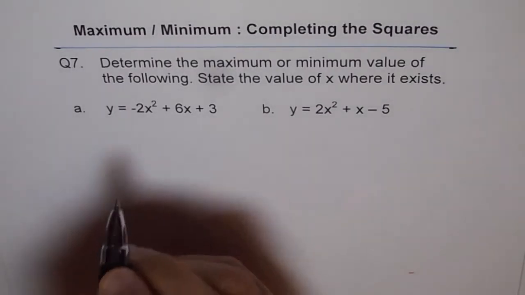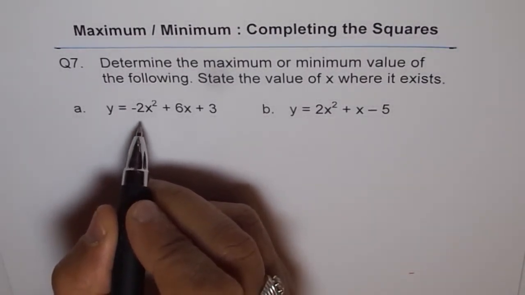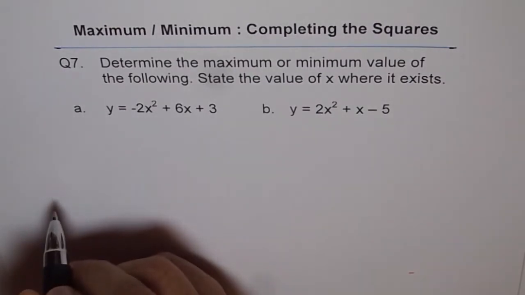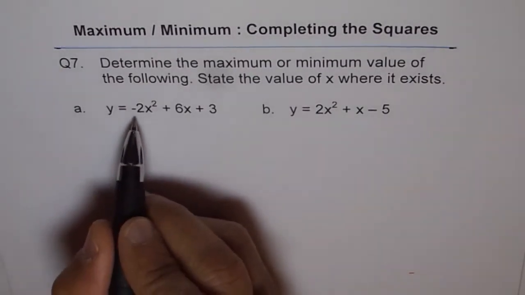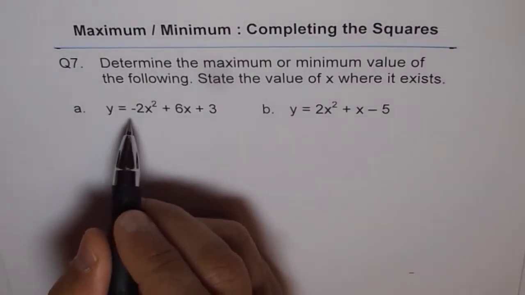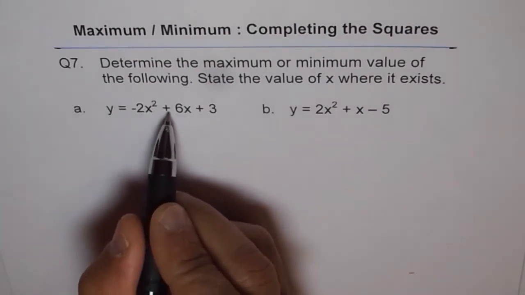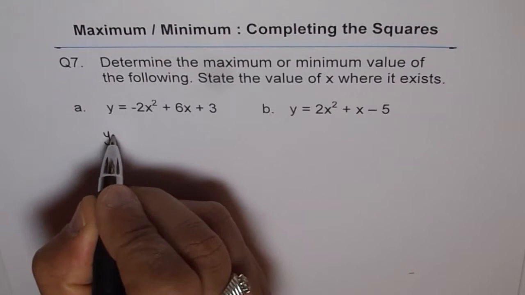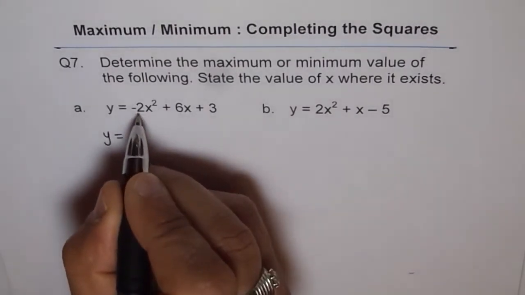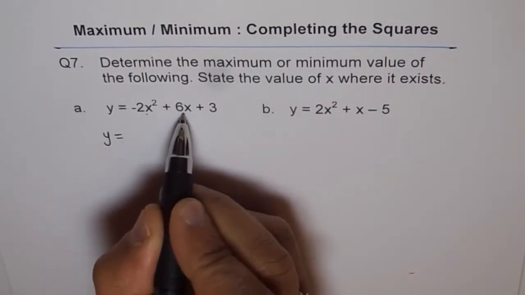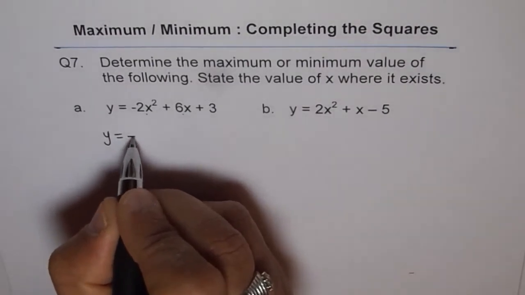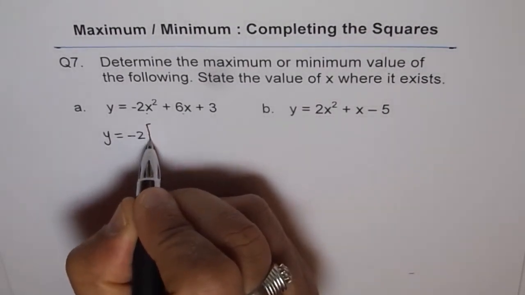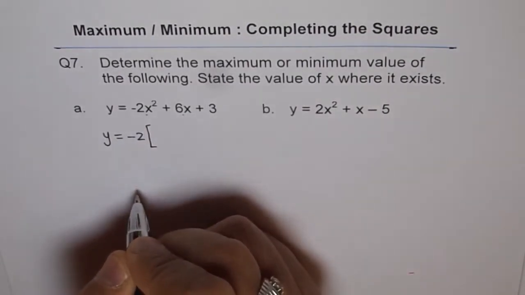So in this, what should we do? The first step always in the completing the squares method is to factor out the leading coefficient, right? So we'll start with y equals minus 2x squared plus 6x plus 3, and then we can write y equals, we'll factor out minus 2 from the first two terms. So we get minus 2, and within, I prefer to put square brackets always.